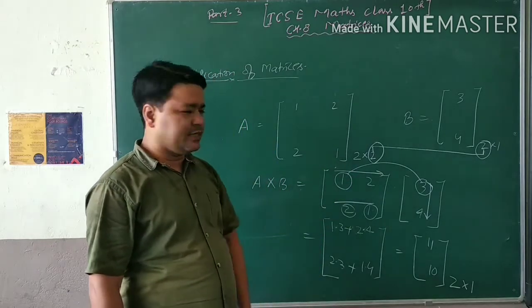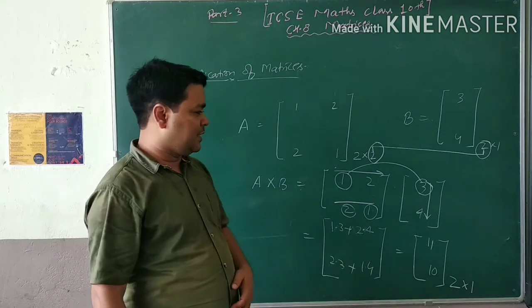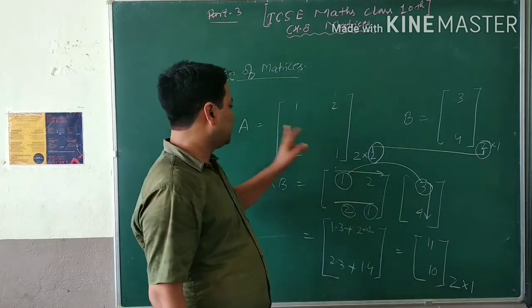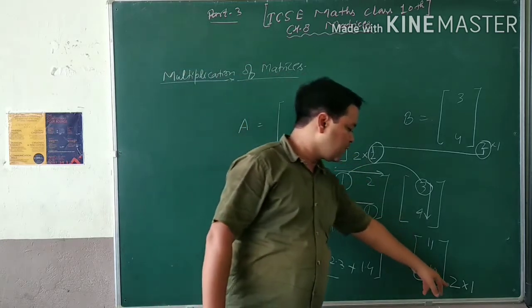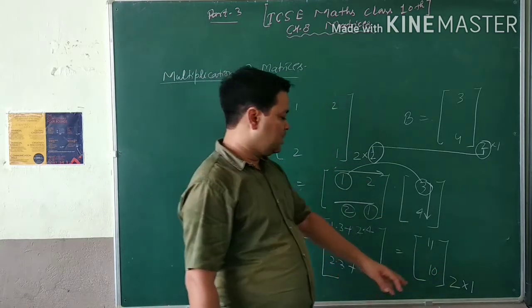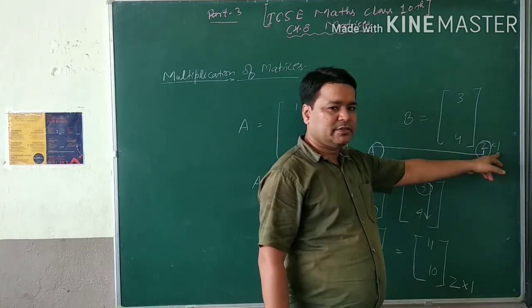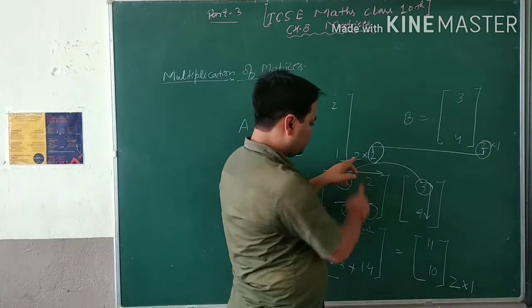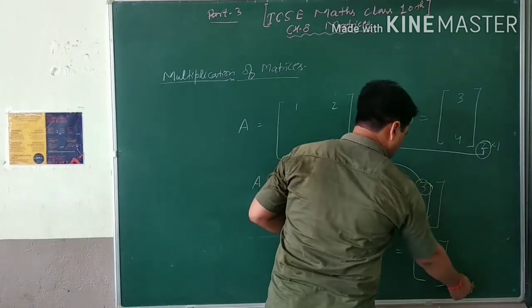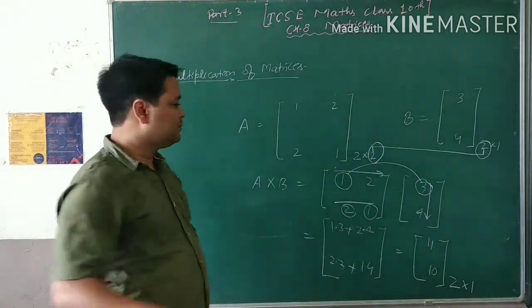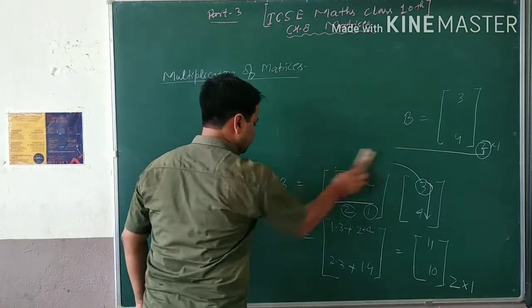In the resultant matrix, the number of rows will be equal to the rows of the first matrix, here 2, and the number of columns will be the columns of the second matrix, that is 1. So first we write 2 and then 1. In this way we can multiply. Symbolically we can write it like this.